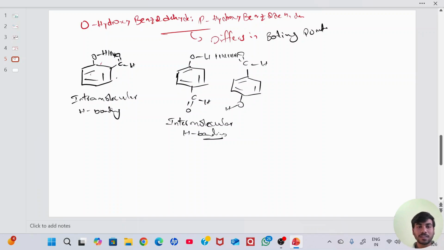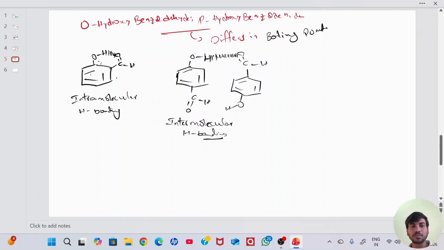And you will take these two different solutions and simply heat them. Due to this intermolecular hydrogen bonding, para-hydroxybenzaldehyde doesn't get boiled out or evaporated easily. Whereas in the other case, in ortho-hydroxybenzaldehyde, there is no such situation.